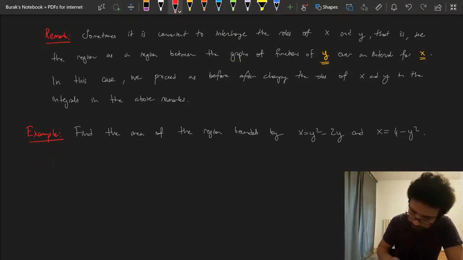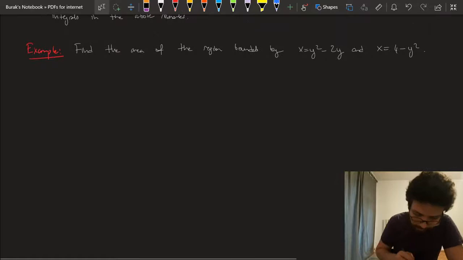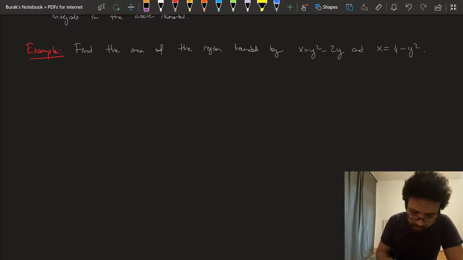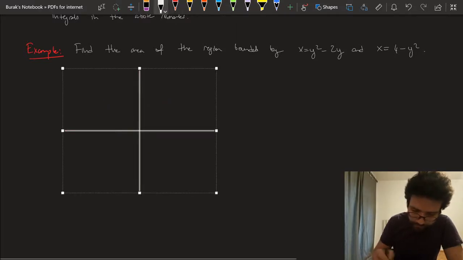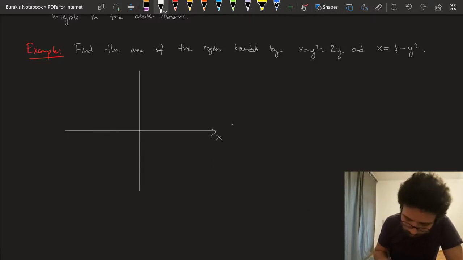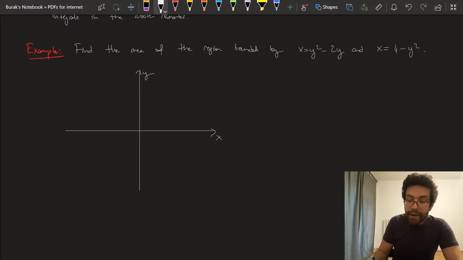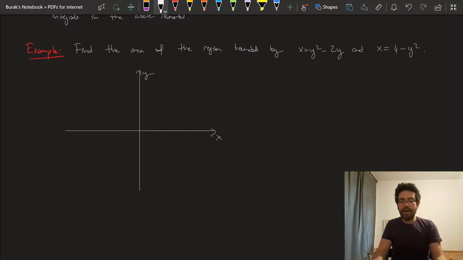Before I write down any solution, let me first sketch this region. Over here, I have the curve x equals y squared minus 2y. If you interchange the roles of x and y, y equals x squared minus 2x would be a parabola with roots x equals 0 and x equals 2.